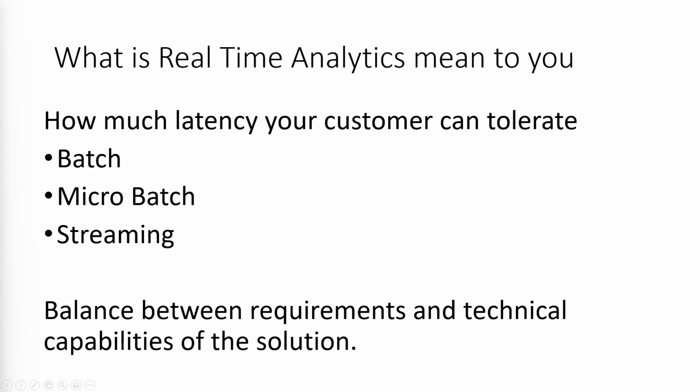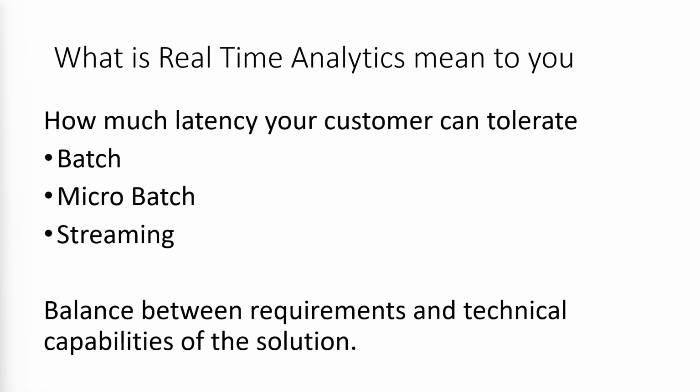The fine line between batch and micro batch is that you need to make sure the data is processed before the next batch comes in. So the speed and performance of micro batch is required that way.